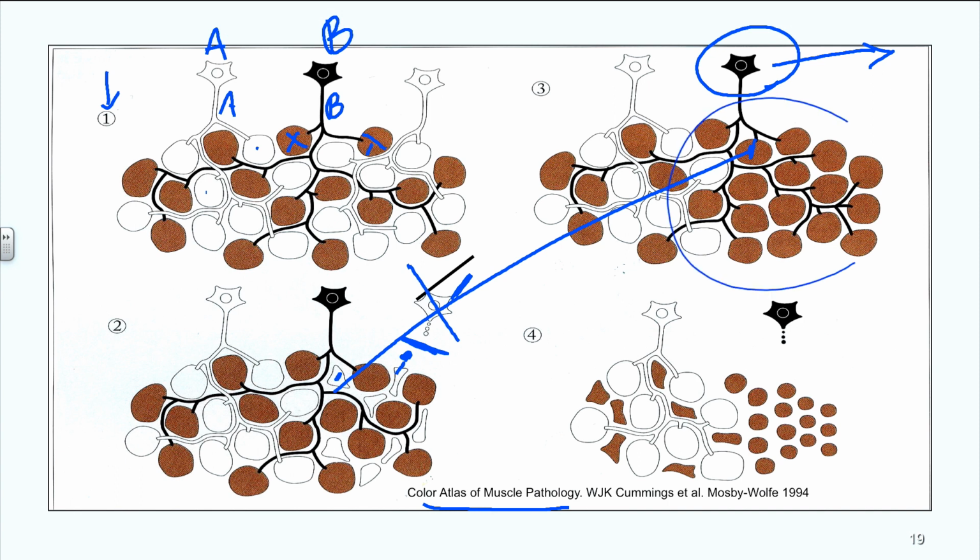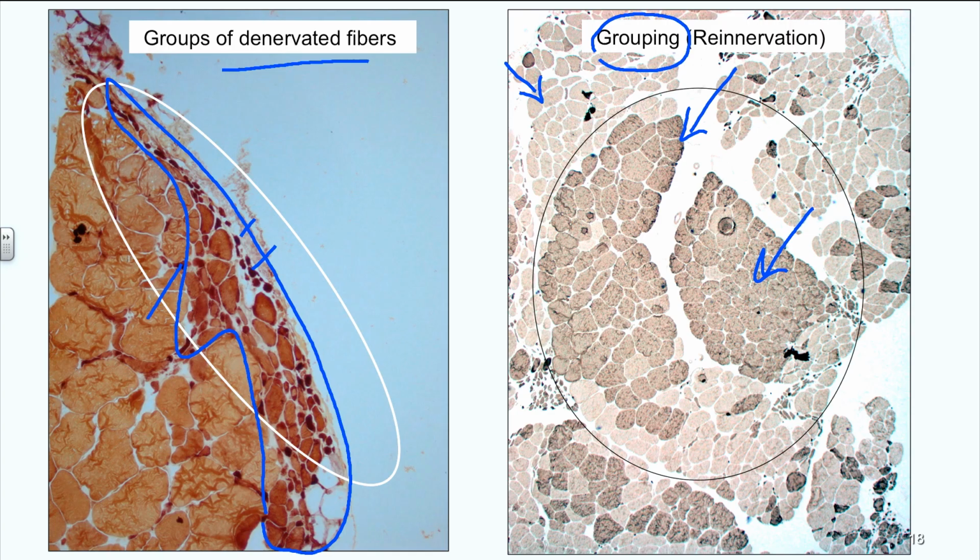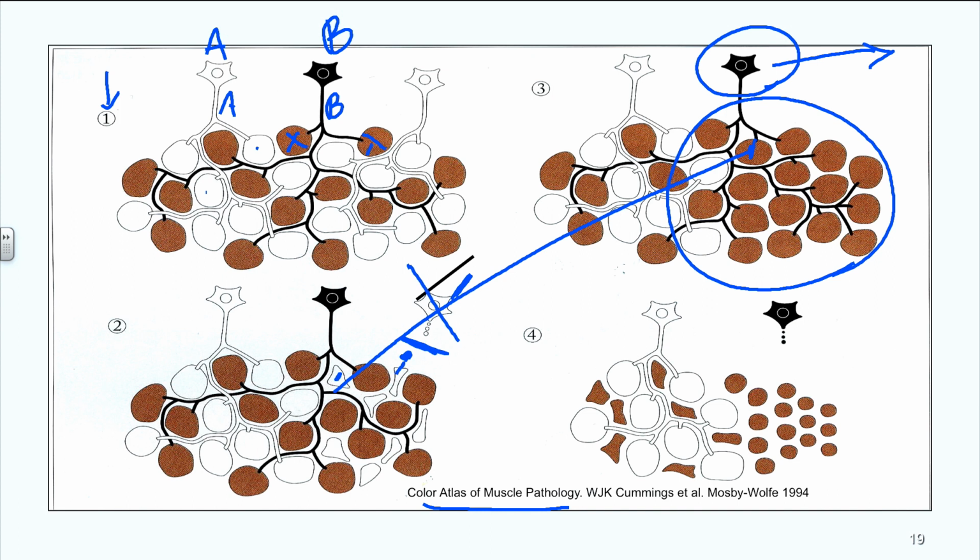This is the grouping that we see in reinnervation and that we saw in this picture over here. And again, if this motor neuron is going to go away, it's this one that's going to take over. And we will see another type of grouping, fiber type grouping. Grouped atrophy, fiber type grouping, denervation, reinnervation.